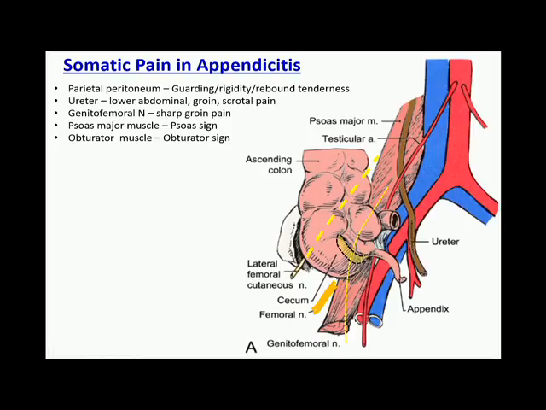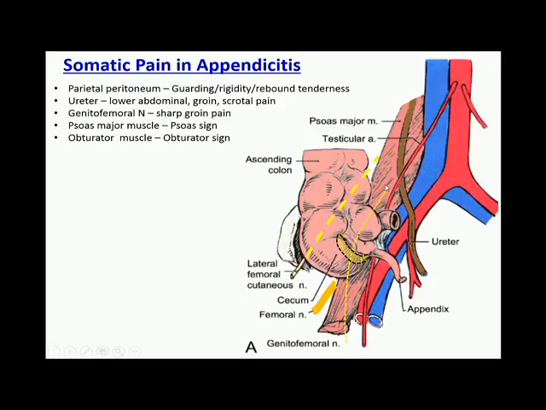So appendicitis in that patient can irritate the ureter. And irritation of the ureter usually causes pain radiating from loin to groin. So a pain coming from loin to groin in a suspected appendicitis patient may indicate his appendix is a pelvic type of appendix, probably. Okay? It's clinically important.